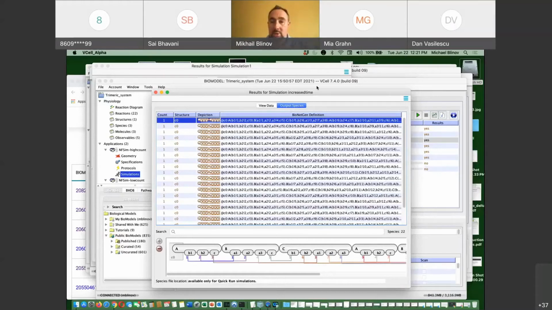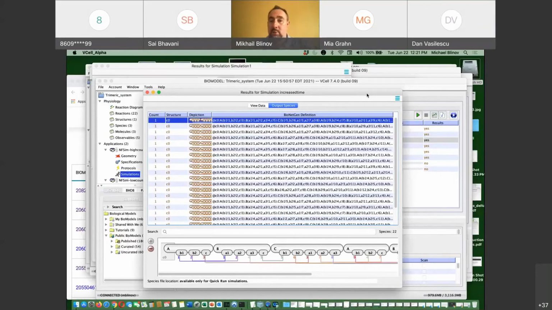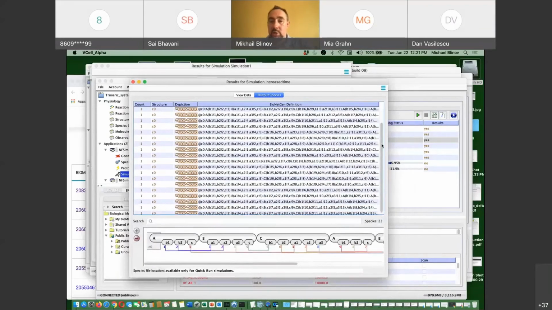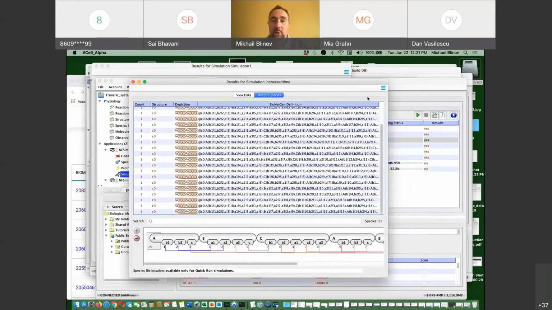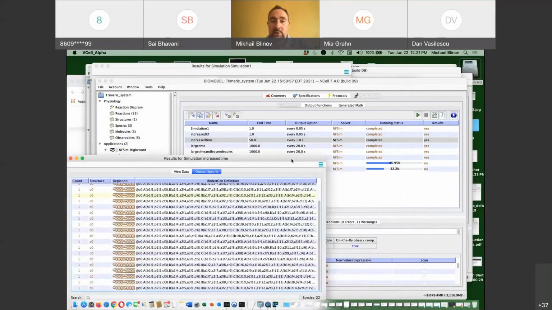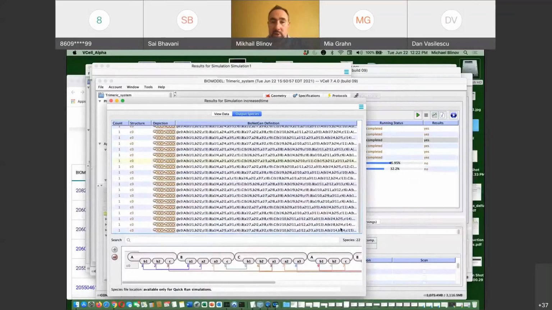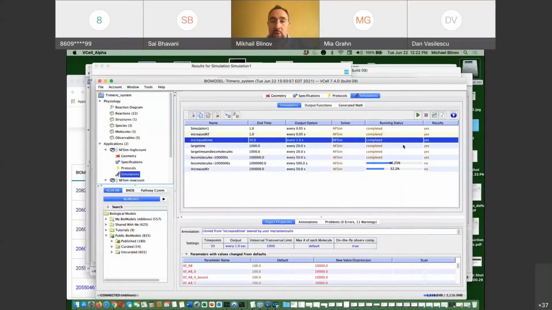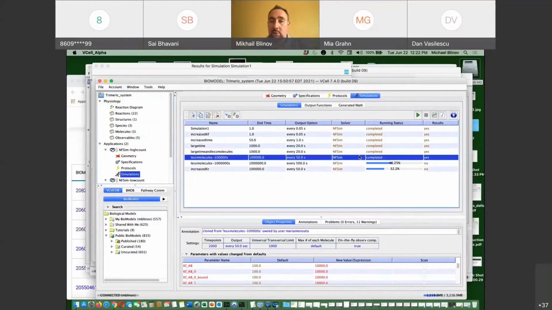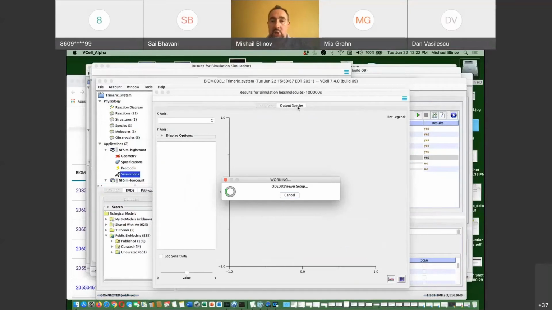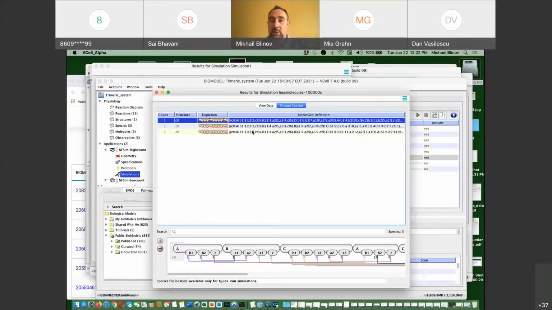So far it's not happening. Over a small time, it's still 50 seconds, you still have a large number. But when you run it for a very large time, then you start seeing a decrease in the number of clusters.